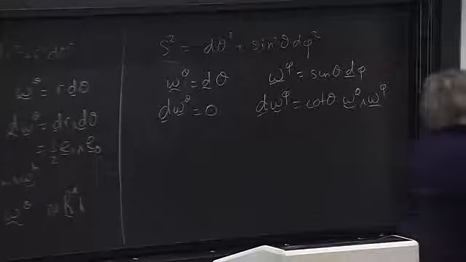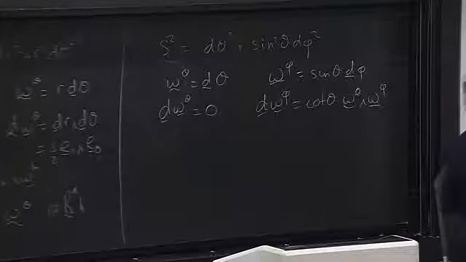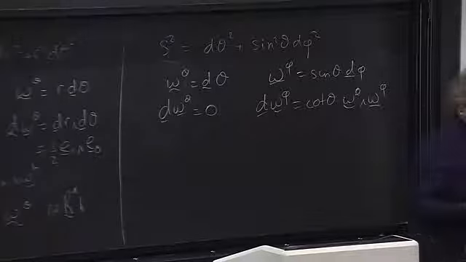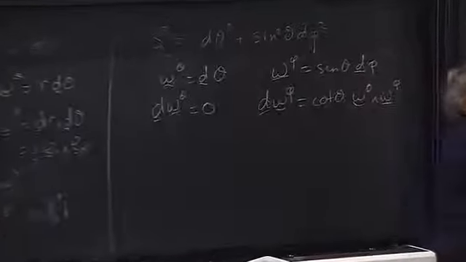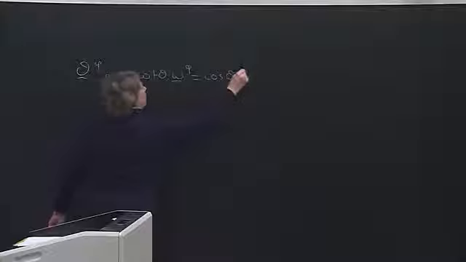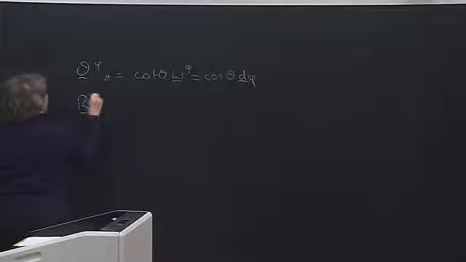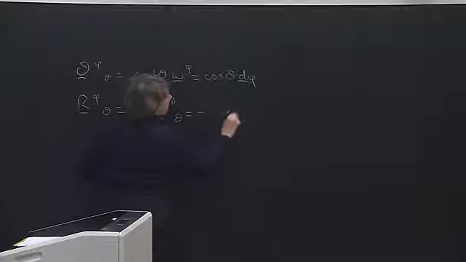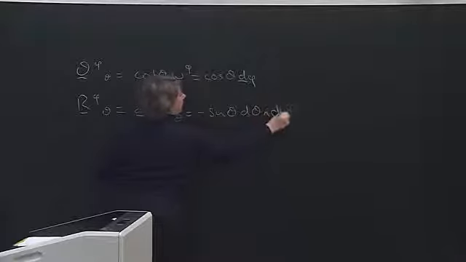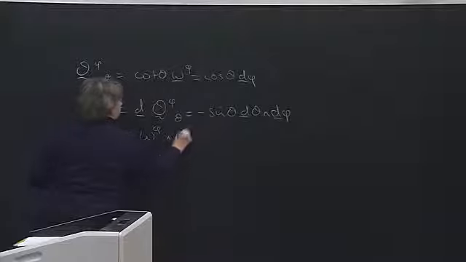So I can read off my connection one form, which is equal to cos theta d phi, and this time it does not have a vanishing derivative. So R phi theta, which is d of omega phi theta, is minus sine theta d theta cross d phi, which is equal to omega phi cross omega theta.